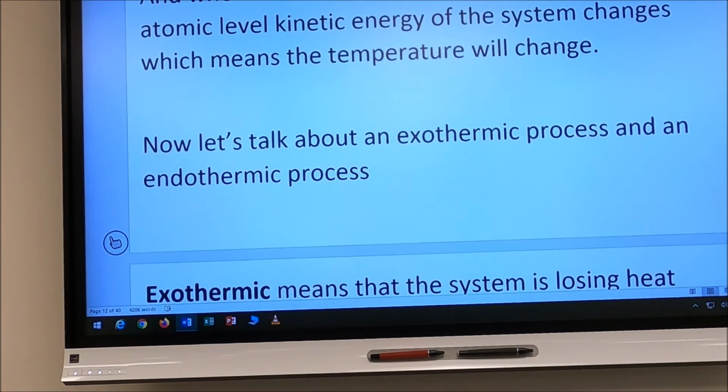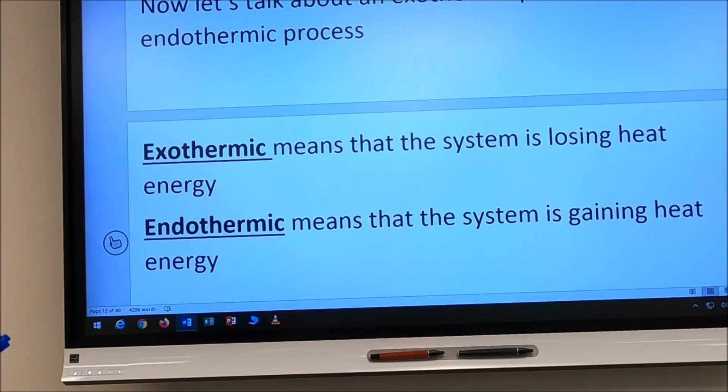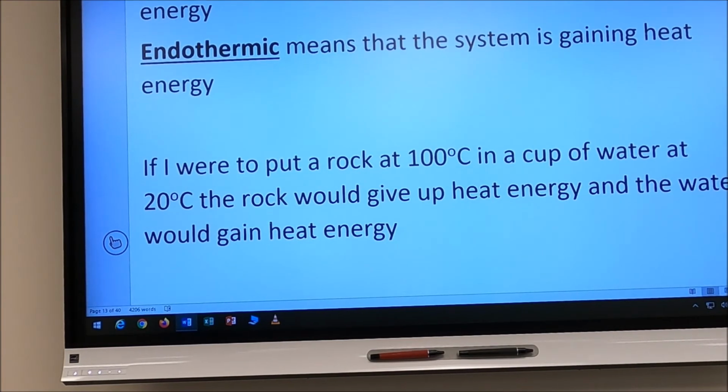Okay? So let's talk about the terms exothermic and endothermic. An exothermic process means that the system is losing heat energy. Endo means that the system is gaining heat energy. Okay? So if I were to take a 100-degree rock and put it in a cup of water at 20 degrees C, the rock would give up heat energy to the water.